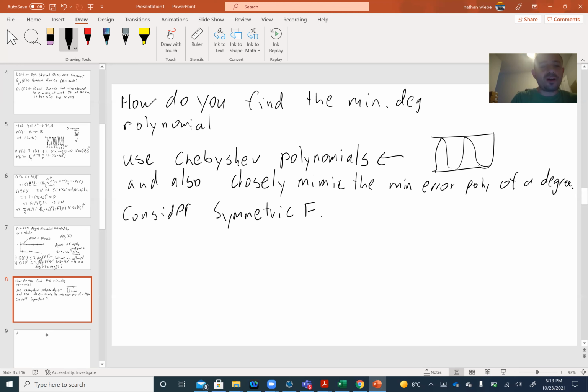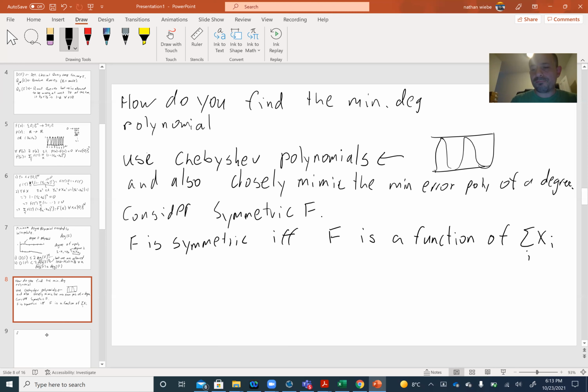Okay, so this function f is symmetric if and only if f is a function of the sum over i of x_i equals k, I'll call it.